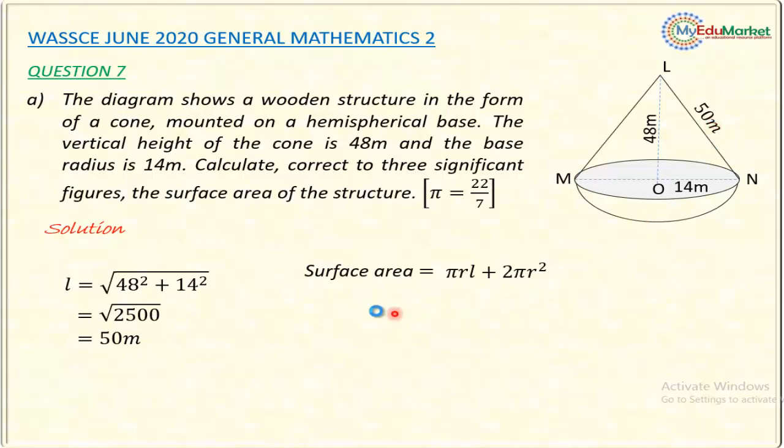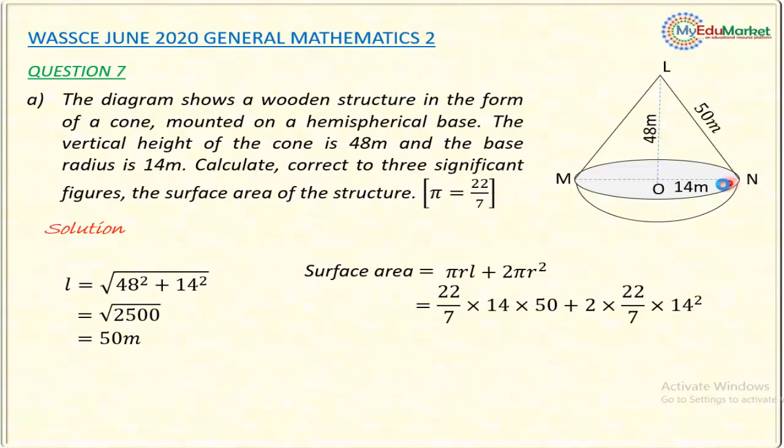So I now can substitute in this formula. I'll now have the surface area of this, starting with the curved surface area of the cone, 22/7 times r, r is 14, times the slant height, which is 50, I have just obtained it, and then plus the surface area of the hemisphere, which is 2 times pi, pi is 22/7, times r².